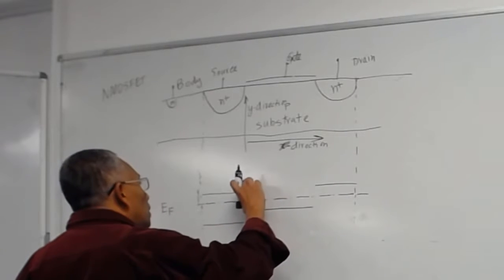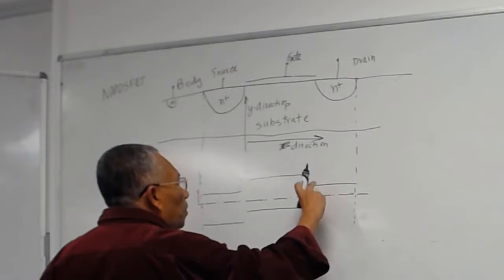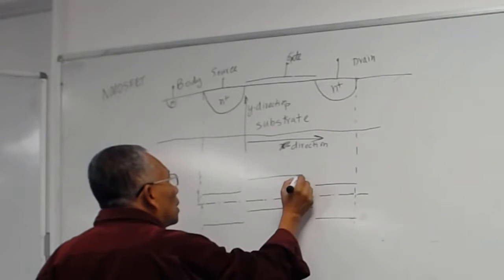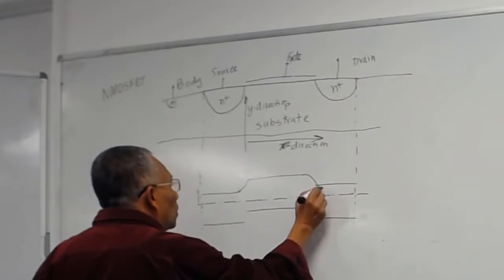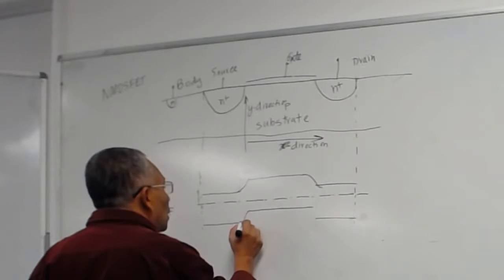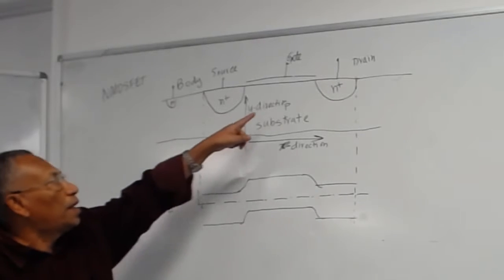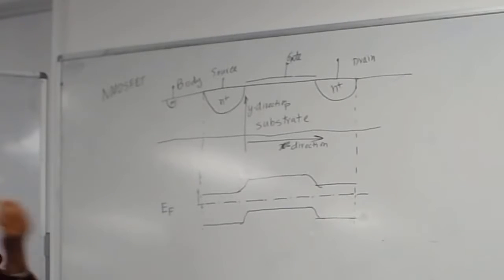This amount here. The same amount here. Okay. So this is how your energy band will look. This is exactly like an NP junction here and a PN junction here. Just two PN junctions in equilibrium.